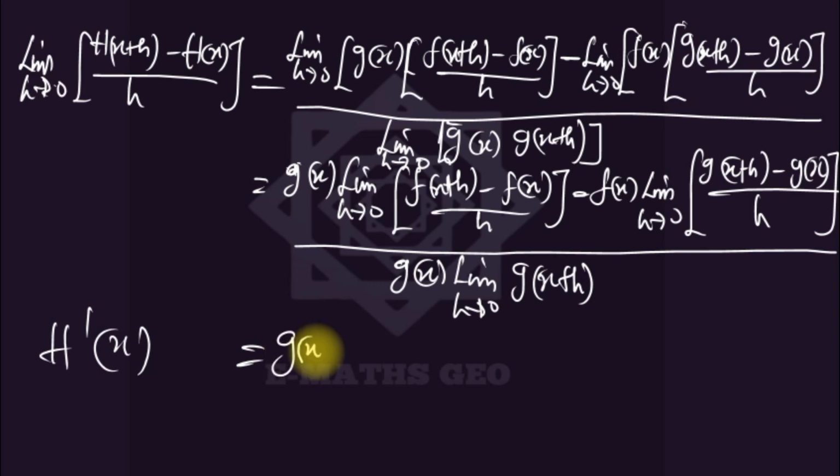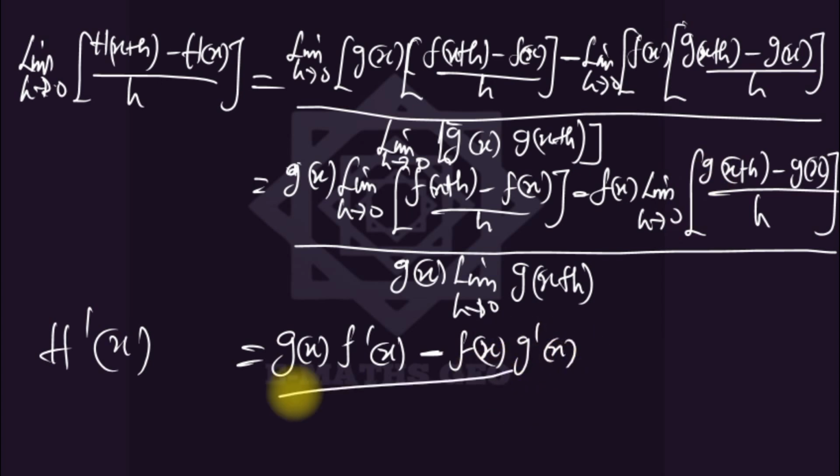This g of x, this is the derivative of f of x, minus we have f of x, this is the derivative of g of x, over this is a constant which is g of x. If you substitute that, the limit by the law, you substitute this as 0. So I have that same g of x, which is now g of x times g of x. So which is that. So we've proved the quotient rule. It's a very long solution. Okay, thank you.